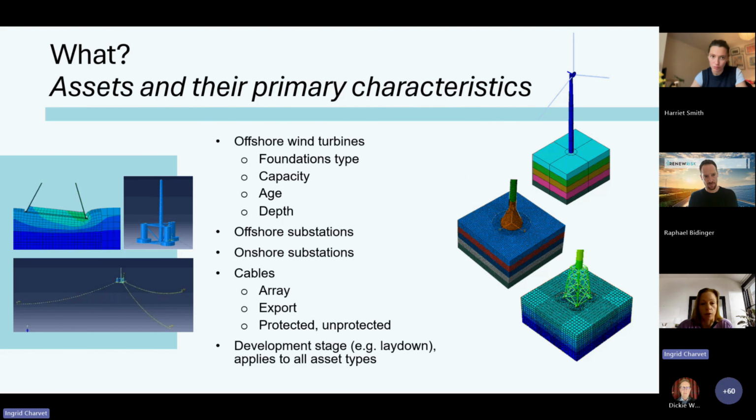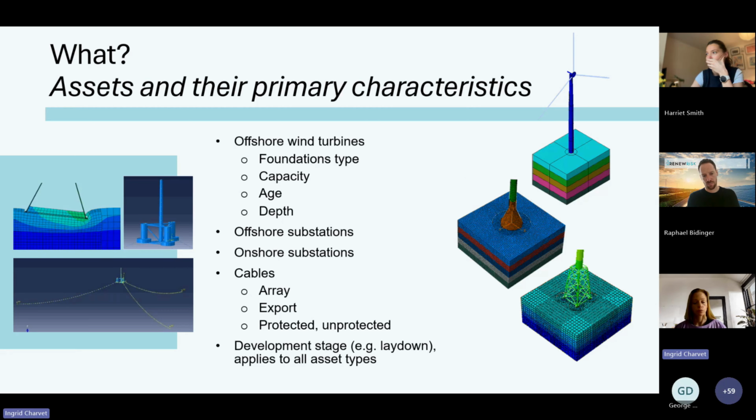So what are we modeling? We are modeling inside a wind farm at location level, specifically each asset. So we've got offshore wind turbines, we've got substations, both onshore and offshore. We've got cables, array and export cables, and soon to come in our models, we'll also have interconnector cables.